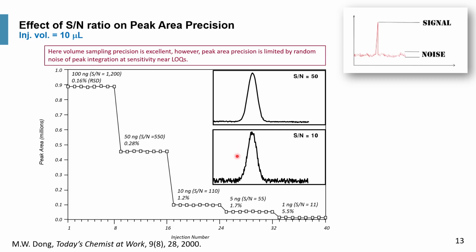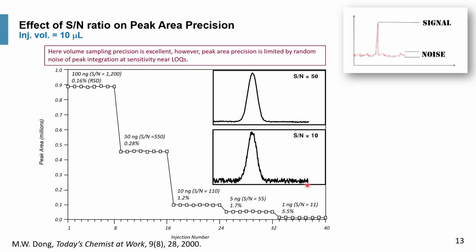limit of quantification. You can see that when you inject a very small trace peak near the quantification limit, or LOQ, with a signal-to-noise ratio of 10, the precision of that peak area is actually not controlled by the volumetric precision of the autosampler, but it's controlled by the noise and the integration.